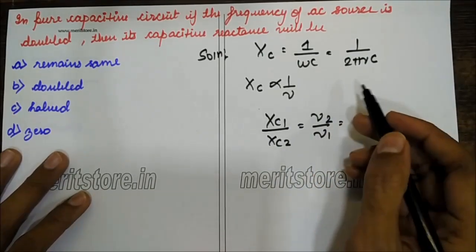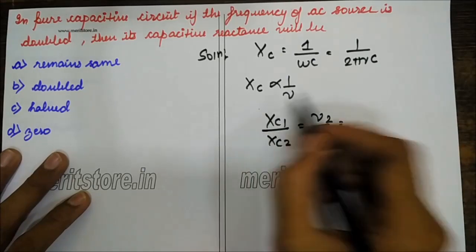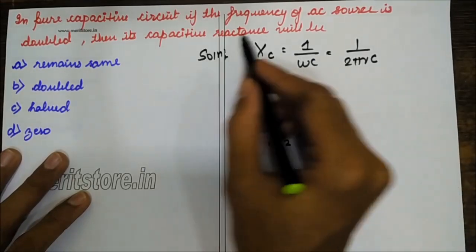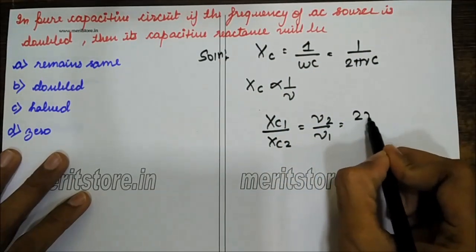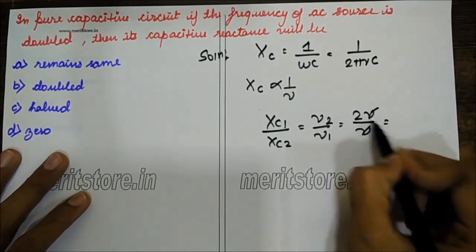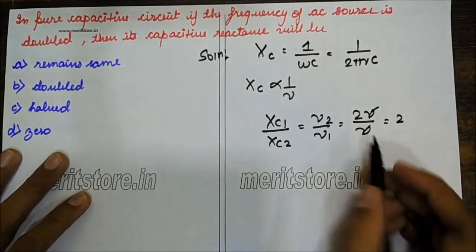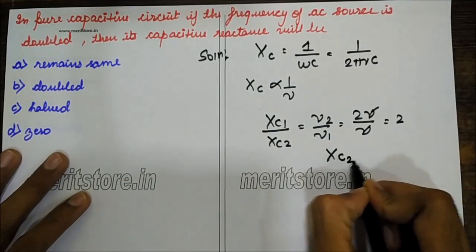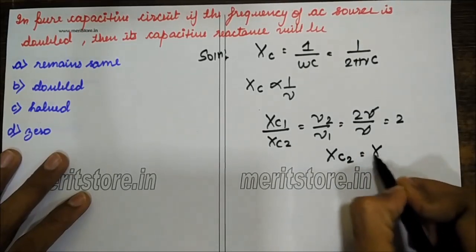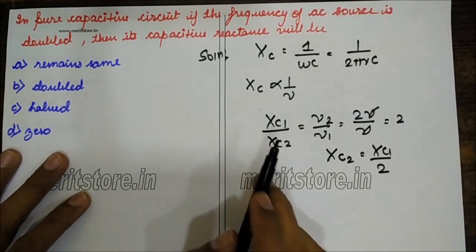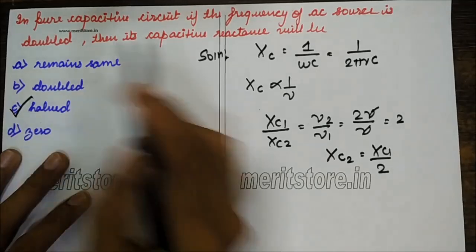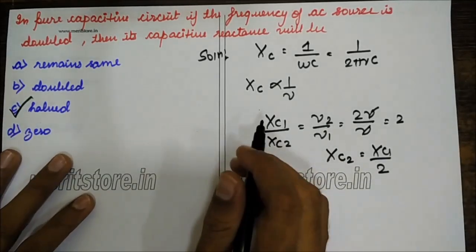Since the frequency is doubled, we get 2 mu upon mu, that is 2. So XC2 will be half of XC1. So the capacitive reactance will be half. C is the correct option, half.